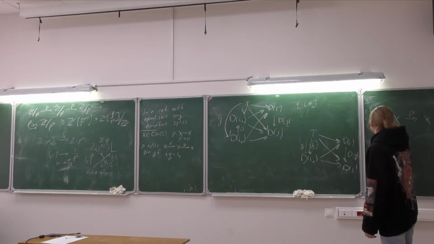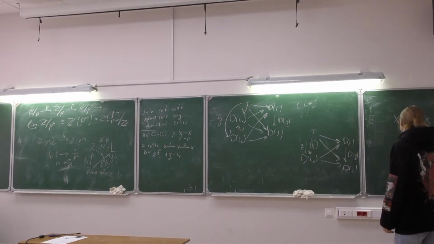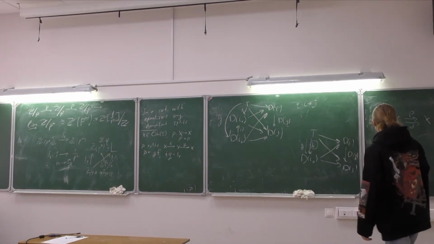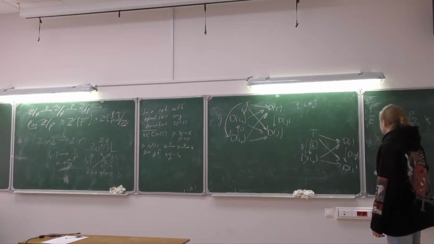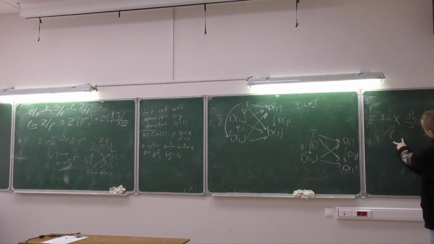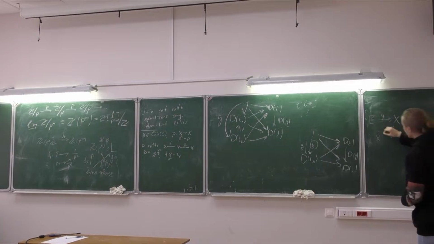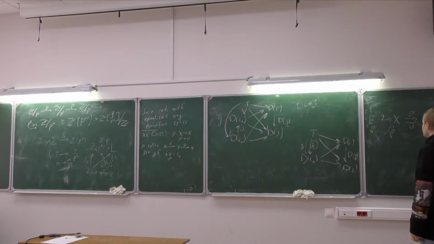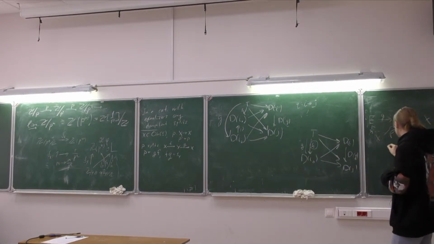Let's take an equalizer of P and the identity map on X, and let's call this map G. So we know for any other object, for example X itself, with a map P, which makes this diagram commute because P is idempotent, we have an arrow F, which is P composed with G. So we know that GF equals P.